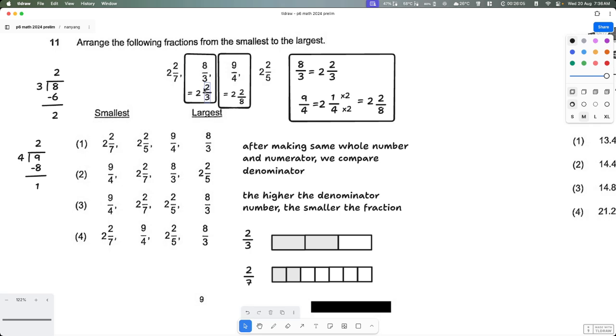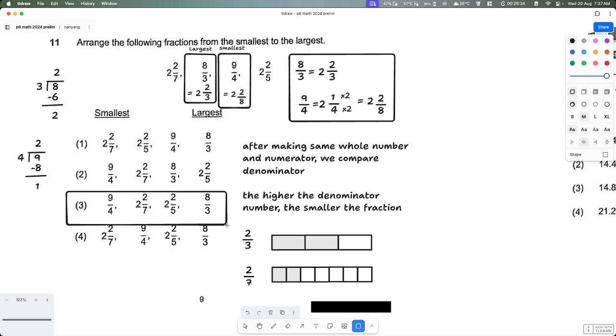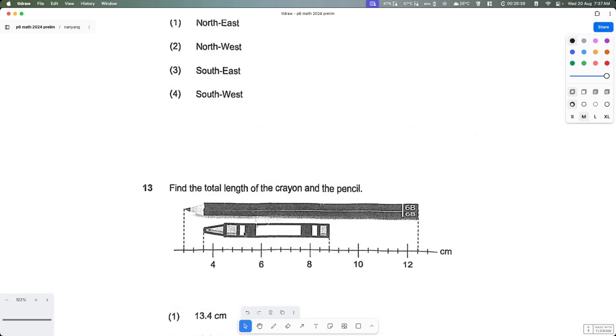So smallest meaning, sorry, largest, which is this over here, 8 over 3. And then which one is smallest, which is 9 over 4, 2 over 8, right? So 9 over 4 is the smallest. So in this case, 8 over 3 is the largest and 9 over 4 is the smallest. That means it's option number 3. Okay, there you go. All right, let's move on to the next question.